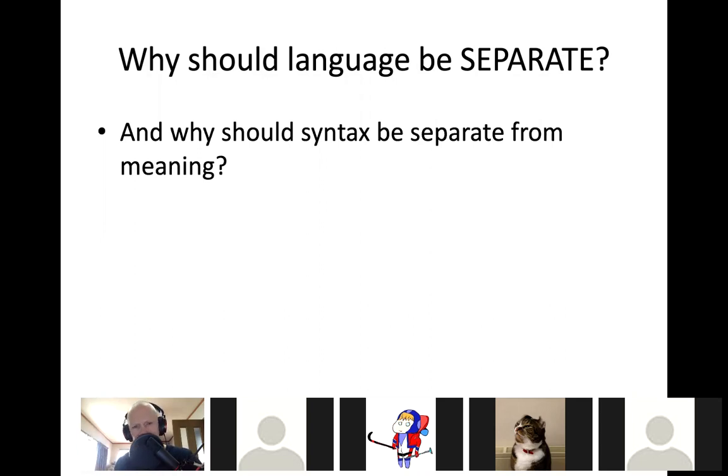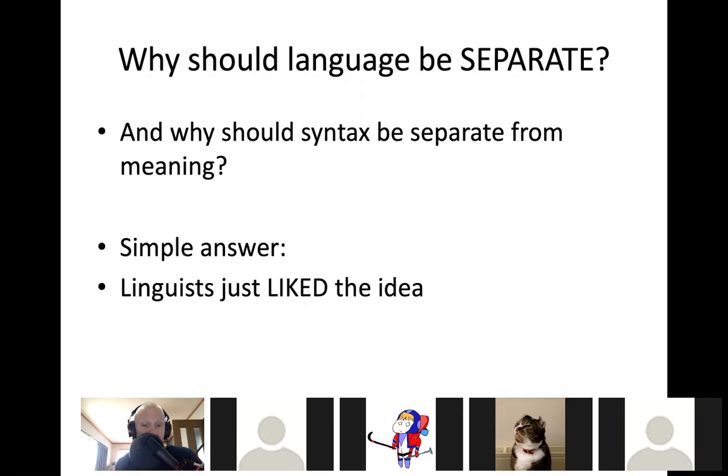Think about that. The simple answer is that linguists just liked the idea. They liked the idea that syntax is separate from meaning and separate from everything. You can just study syntax and you don't have to worry about anything else. You can say, if I study syntax, I can tell you something about the human brain.